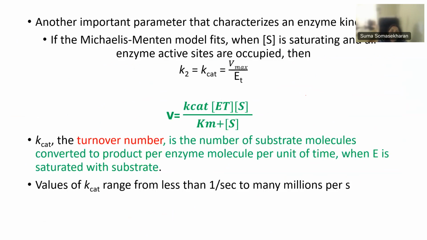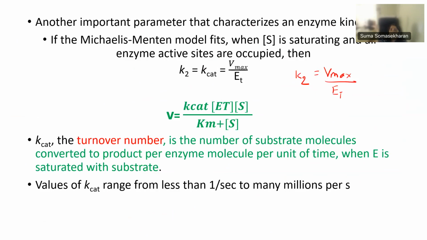Now, another parameter we can define, which we can derive from the Michaelis-Menten equation by fitting the velocity versus substrate concentration, is a value called Kcat. If the enzyme follows simple Michaelis-Menten kinetics, then when the substrate concentration is saturating, that is, all of the enzyme's active sites are occupied, we can say that K2 is equal to Vmax over enzyme total.